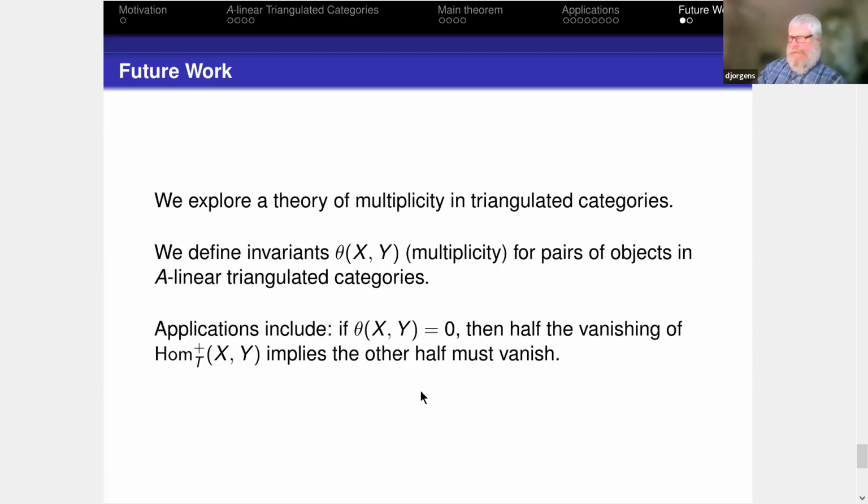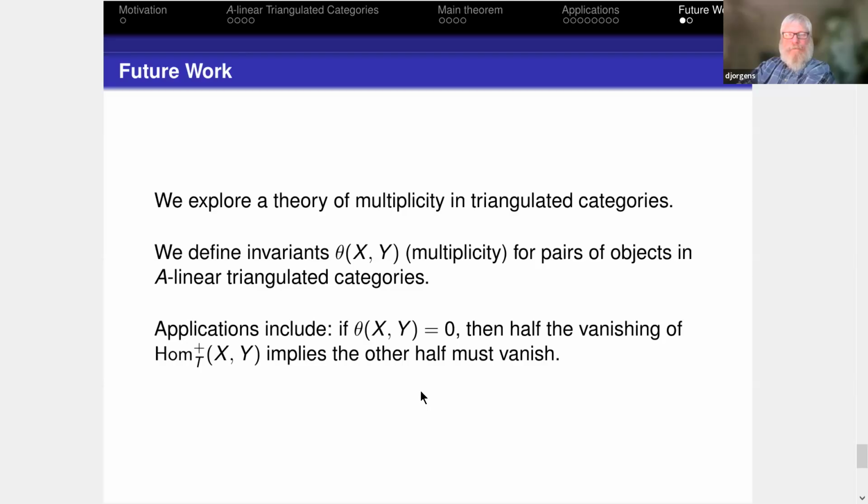Multiplicity is a standard topic from commutative algebra, and since we have a commutative ring and our triangulated categories are A-linear over this commutative ring, then we can attach invariants to these Homs, namely the multiplicity, and study properties of that multiplicity.